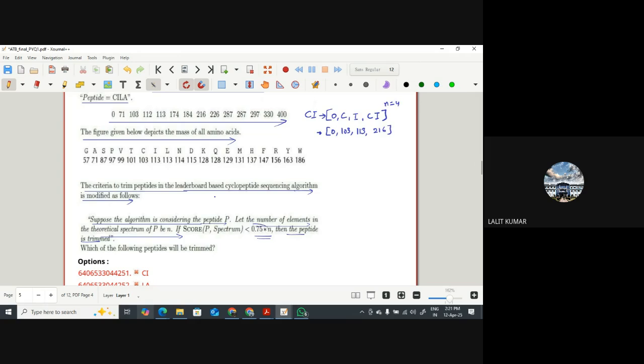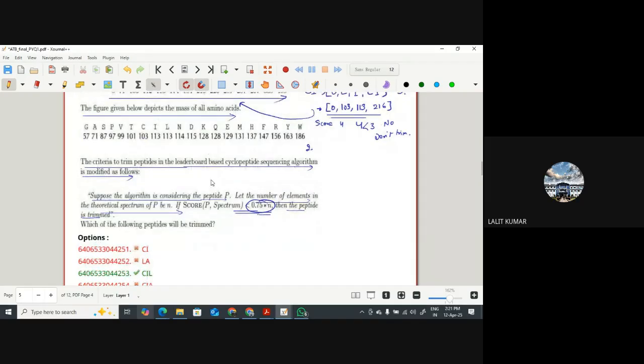So this 0.575 n becomes 3. Now you take a score with this. How many are available? So 0 is available, 103 is available, 113 is available, and 216 is available. So your score is 4. So is 4 less than 3? No. So don't trim. Okay. So similarly, you do for all of these.